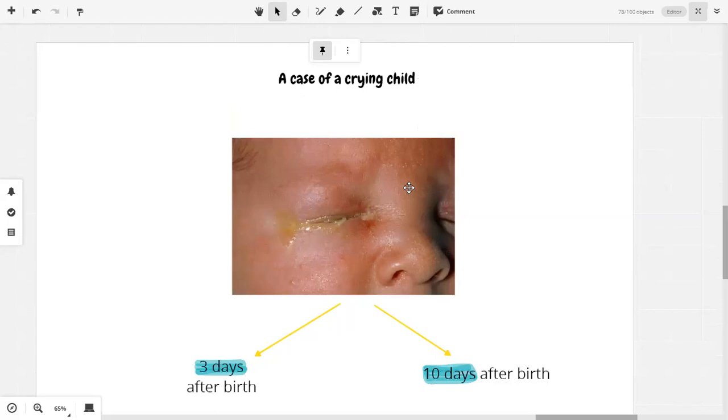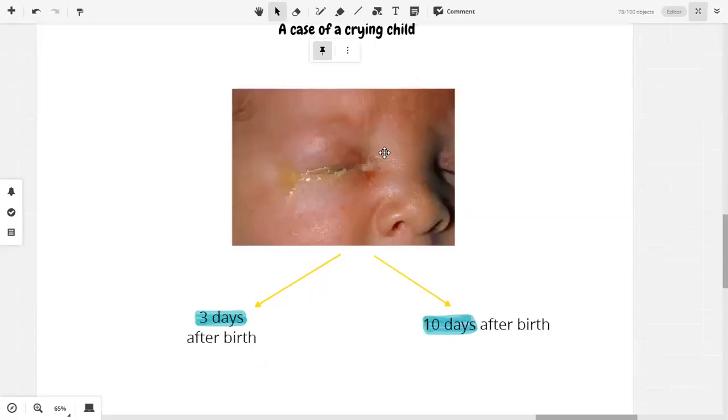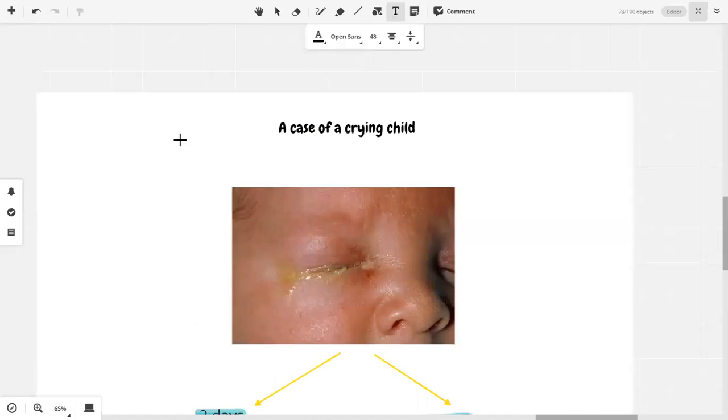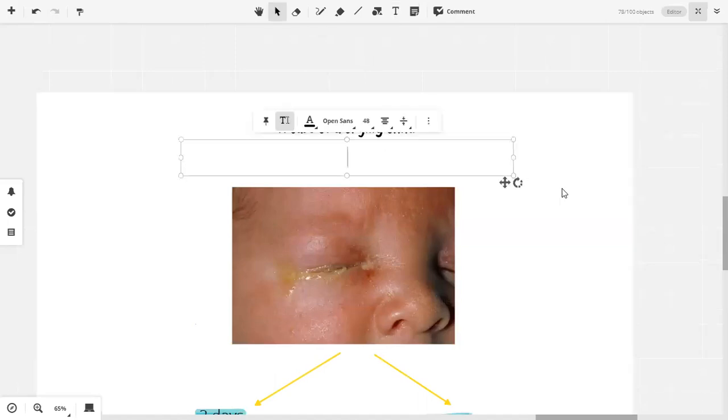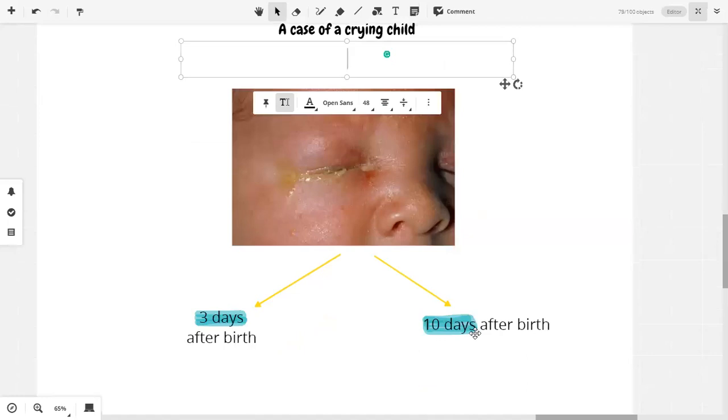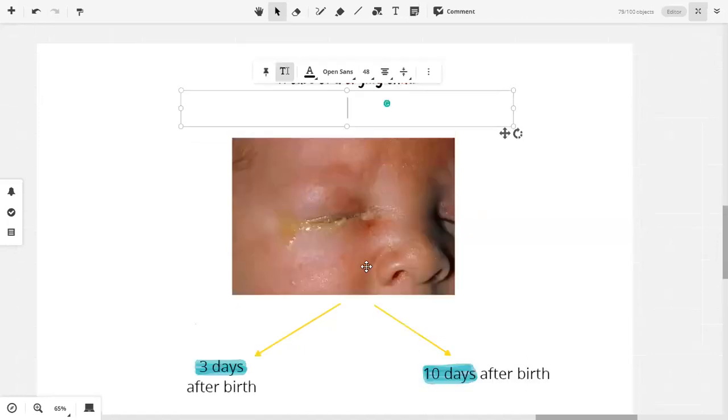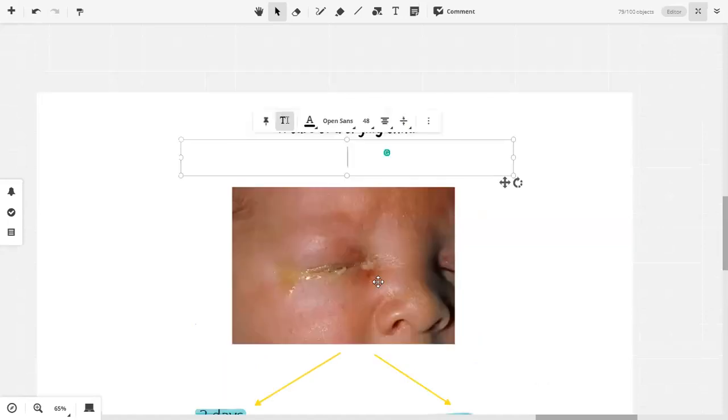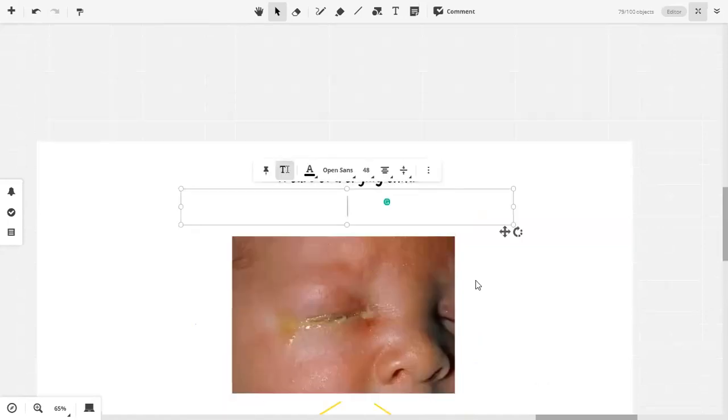That is how he acquired that infection. So there's an important context clue here. Some cases present right after birth, one 3 days after, one 10 days after.